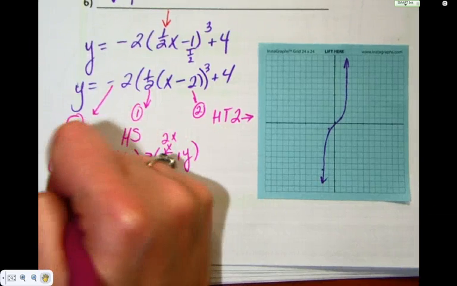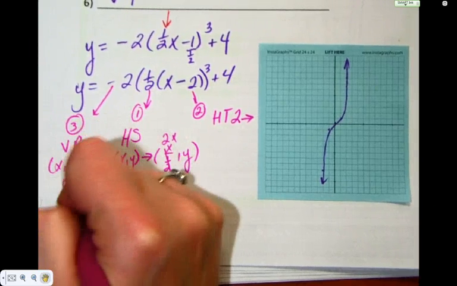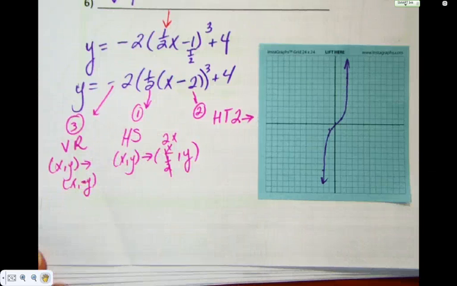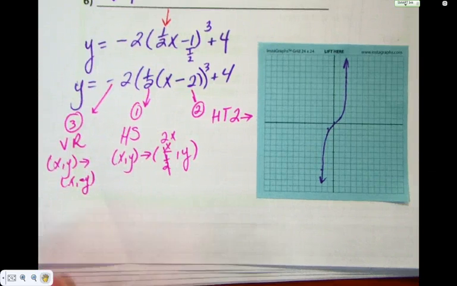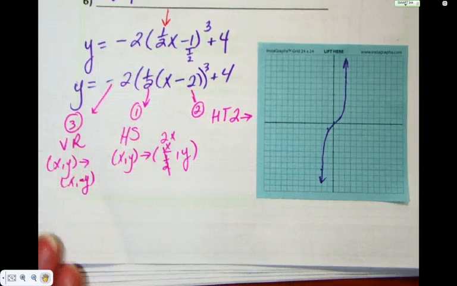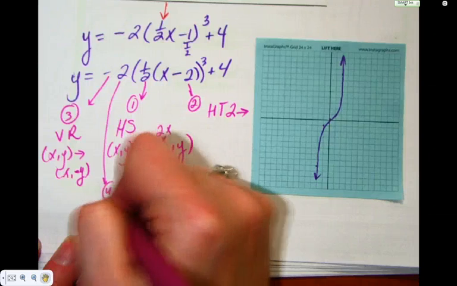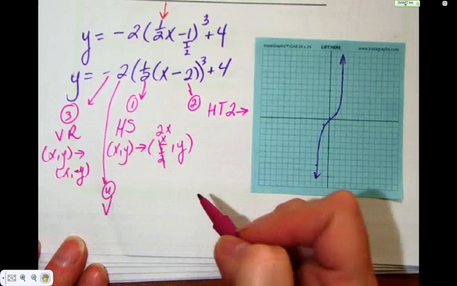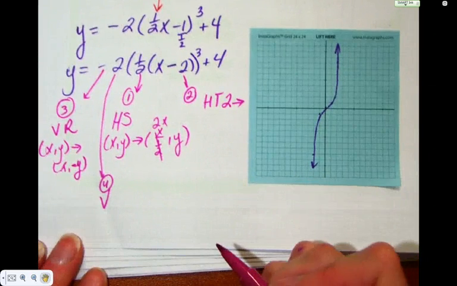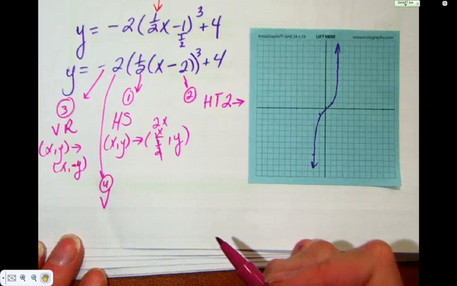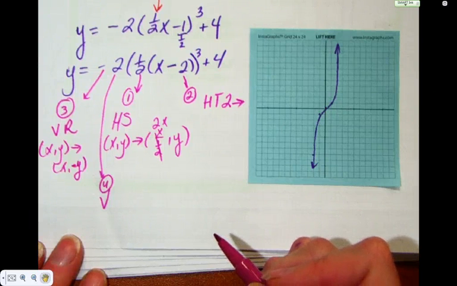(x, y) goes to (x, -y), although it's a little hard to read. Okay, after the VR, next comes the stretch or compression. How do we know? Whole number or fraction.